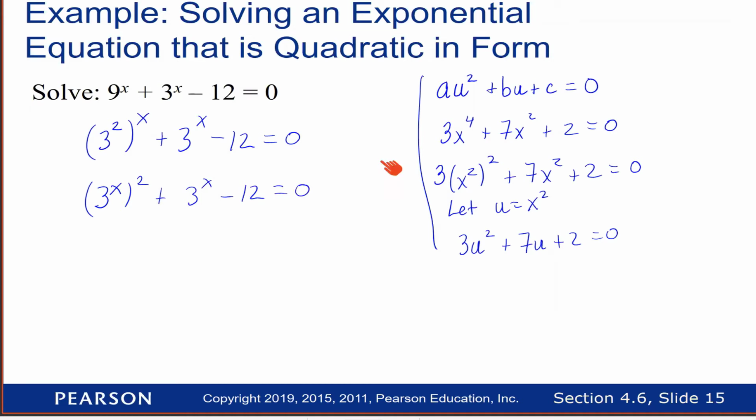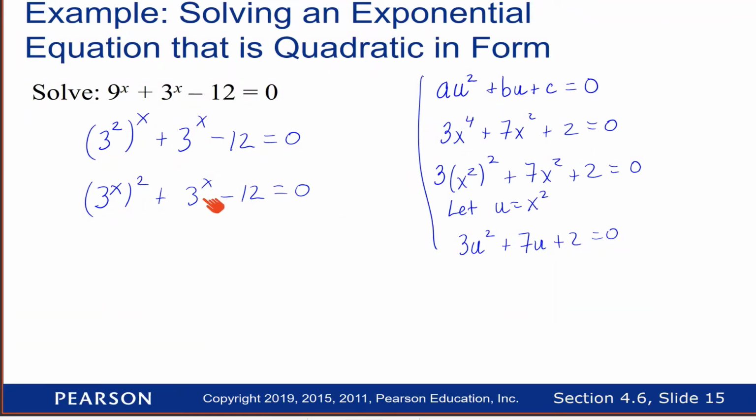And so now notice this is written in the form u squared plus u minus 12 equals 0. In other words, this is quadratic in form where the u is 3 to the x power.